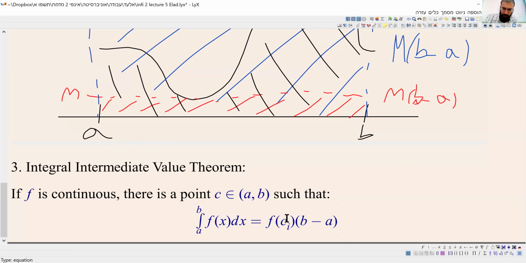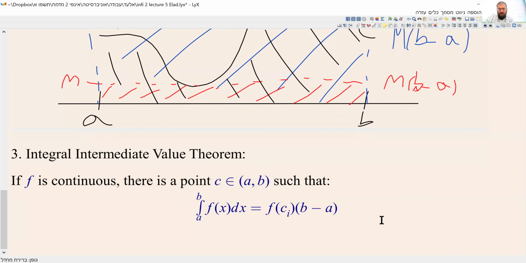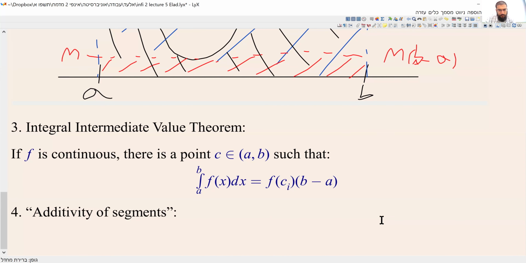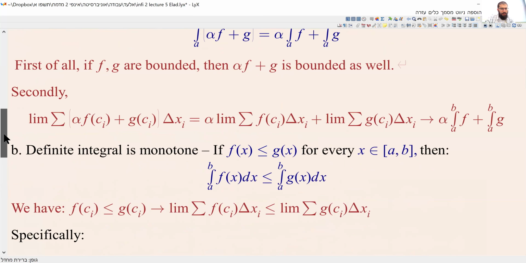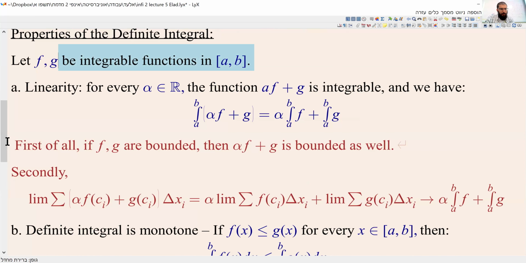I'm going to use it in my proofs, not today, but probably on Sunday. Fourth property: one can call it additivity of segments. I mentioned that f is integrable, and we know it's bounded.